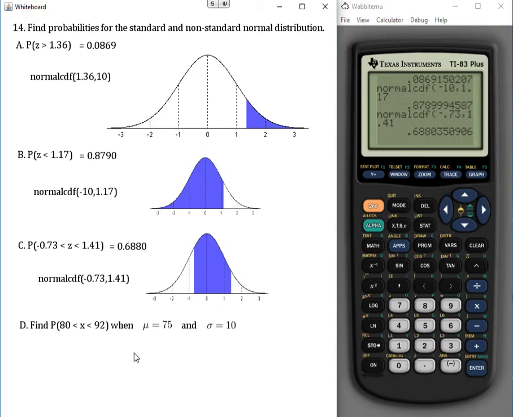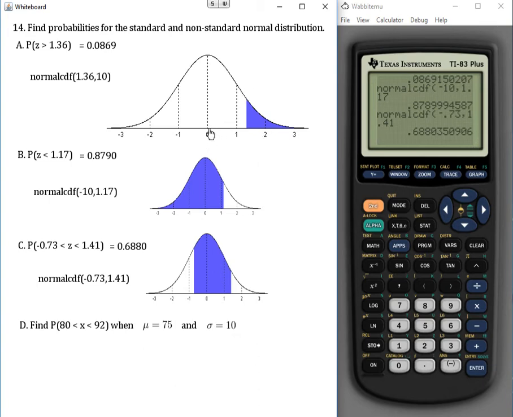Lastly, in part D, find the probability that x is between 80 and 92 when mu is equal to 75 and the standard deviation is equal to 10. The only difference here is that we are not working with a standard normal distribution. We're using a non-standard normal distribution. In all of my standard normal distributions, the axis is labeled with z-scores.